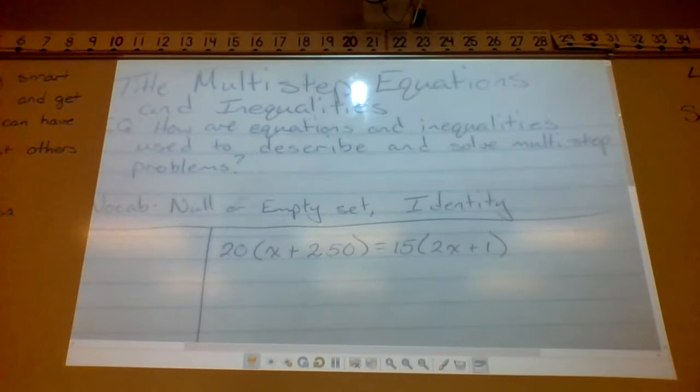You know how I just said some of us may choose to use distributive property and some of us choose to divide, correct? Looking at this one, which one do you think is probably the best way to go? Distribute or divide?